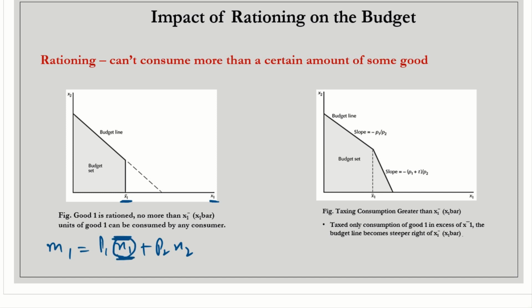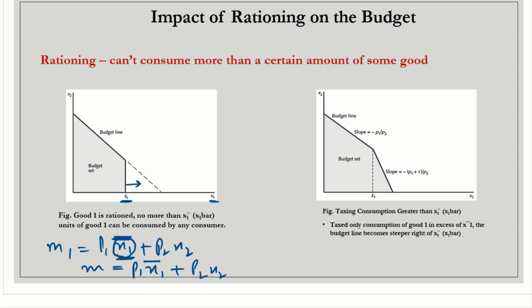So the equation will be m equals p1 x1 bar plus p2 x2. Once you avail this much of x1, you cannot consume any amount of x1 beyond this point, but for x2 you have unlimited choice.